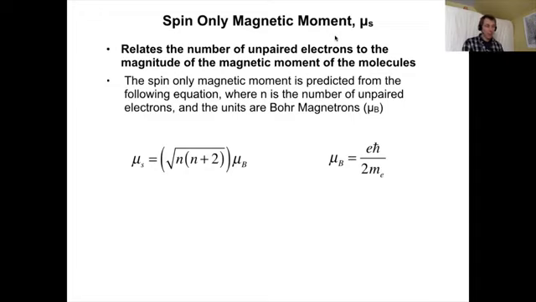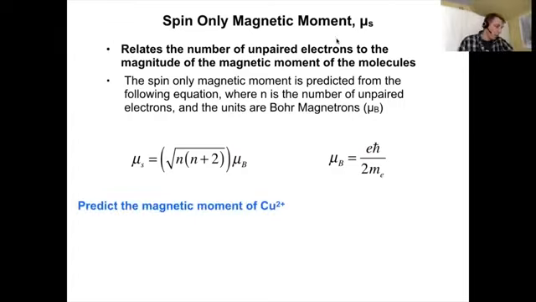In the end, this gets the units Bohr magnetons, which is symbolized by mu sub B. And if you're interested, a Bohr magneton has the units shown here, where it's equal to the electron charge times h bar divided by 2 times the mass of an electron. But most of the time, we don't even worry about this. We'll just report our answers in Bohr magnetons.